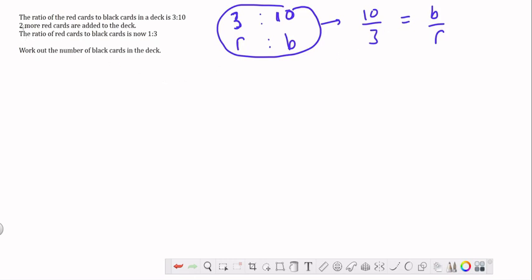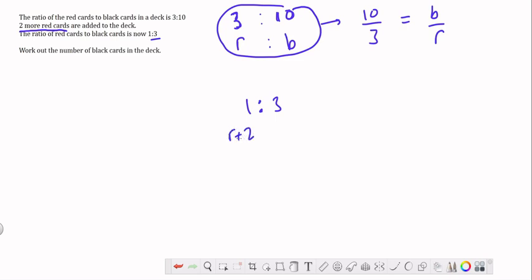Then what happens is 2 more red cards are added to the deck. After that happens, the ratio becomes 1 to 3.